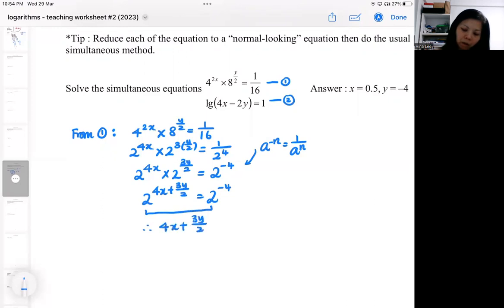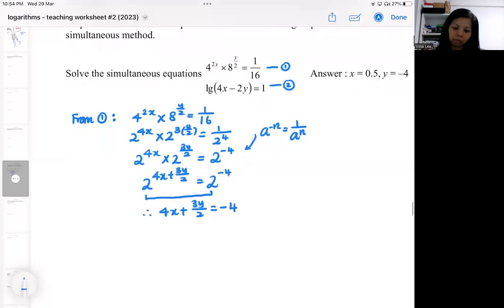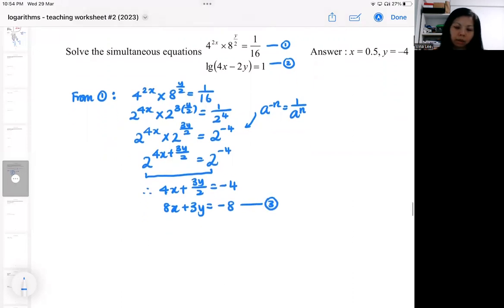That will be the normal looking equation. But if you don't like fractions, for example here there's a denominator 2, I multiply by 2 before I label it as equation 3. So from the first equation, my indices rules help me reduce to something like a Sec 2 equation.